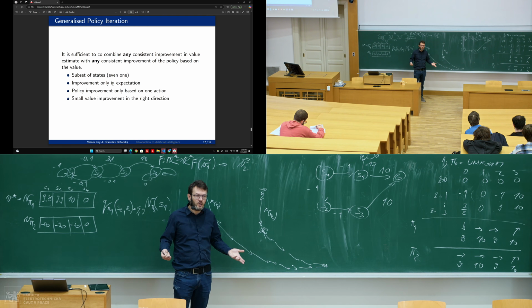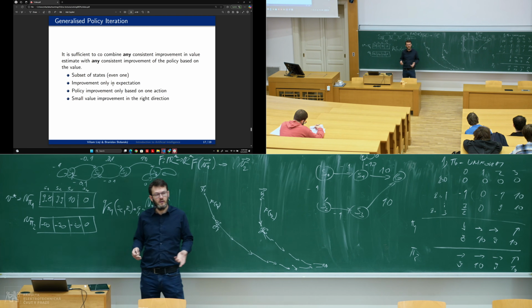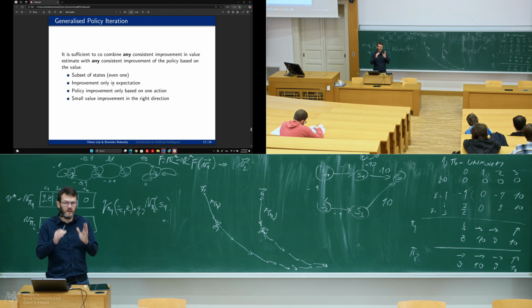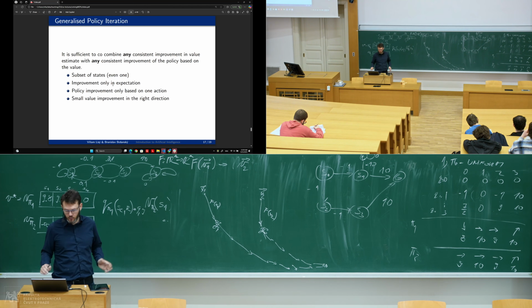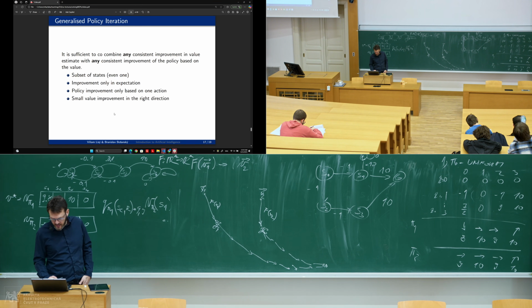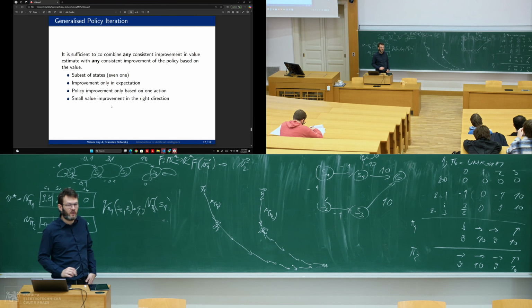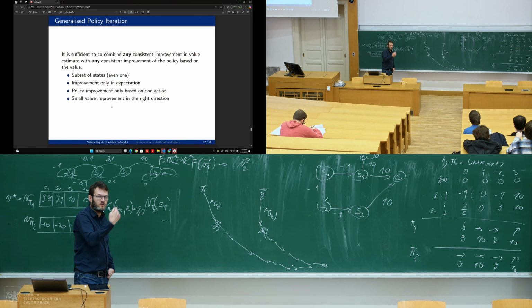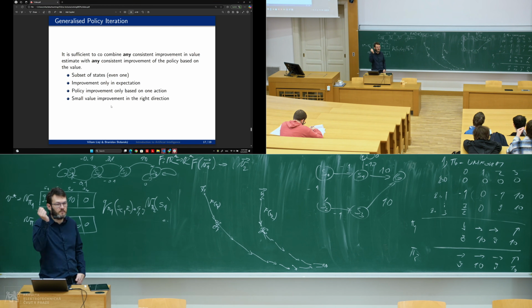But if in expectation it makes things better consistently, if you can prove that every time in expectation you make it better, it works. Policy improvement based on one action, small value improvement in the right direction, so you don't need to compute the value functions perfectly. If you just improve it even by some delta, some epsilon, some small number, that works.